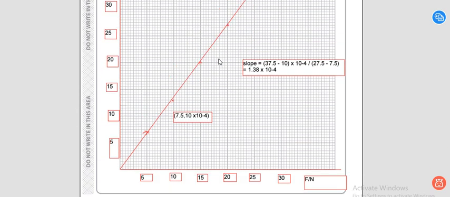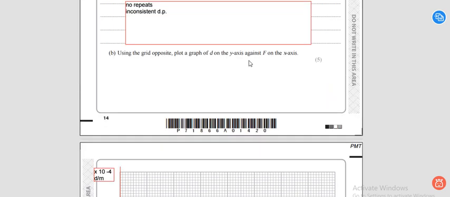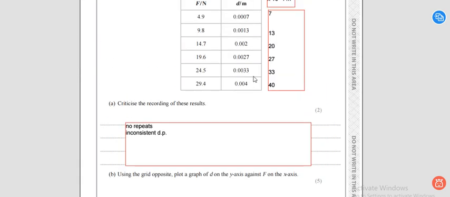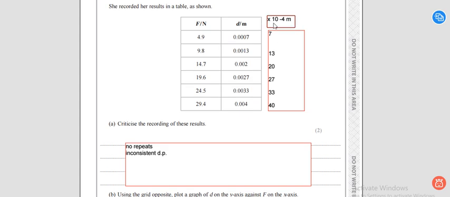How do we draw? We first look here and try to convert these numbers to easily recognized numbers. So I choose to make these numbers times 10 to the power minus 4 meter.